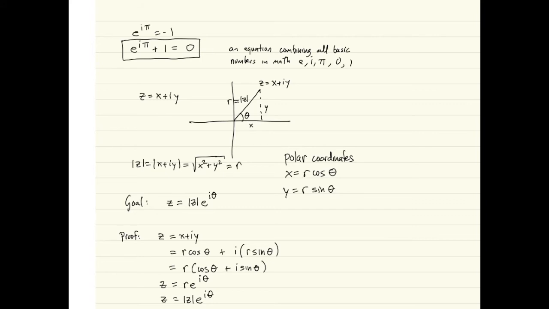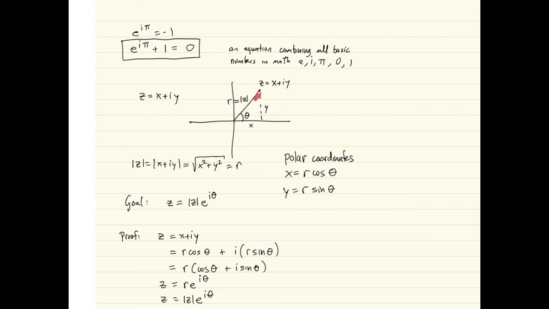Okay, so then let's move on to talking about polar coordinates a little bit. So remember, a complex number has a real part x and an imaginary part y, and we can plot it like so. The x coordinate is the real part, and the y coordinate is the imaginary part, the part that has an i in there. And then the norm of a complex number we define to be the square root of x squared plus y squared.